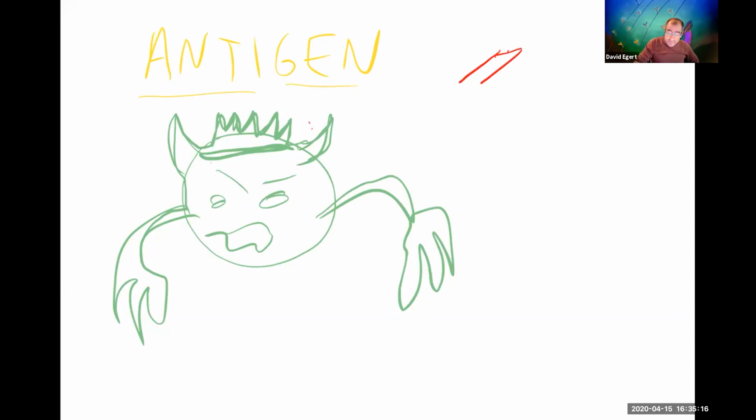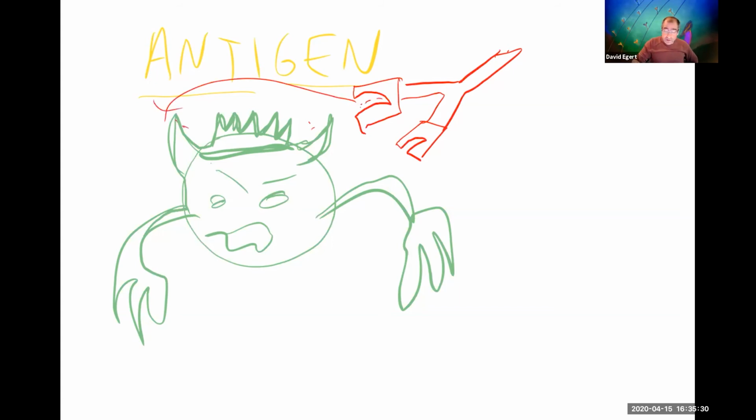So I could have an antibody where it actually would match that horn over there. But you can have an antibody that can then recognize and bind to that exact antigen.